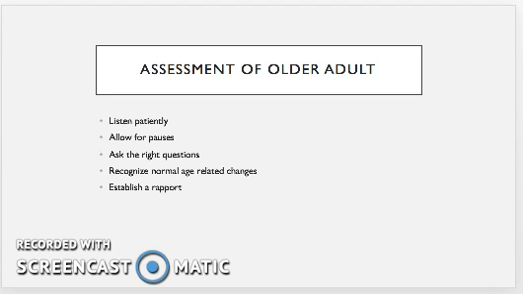Sometimes this can take a while, especially if you're dealing with somebody who has auditory or visual changes related to aging. It can take a long time to get an assessment on an older person. So you've got to listen patiently. You've got to allow for pauses in the conversation. If I tend to speak pretty rapidly, and if I do that when I'm assessing an older adult, I might lose them.